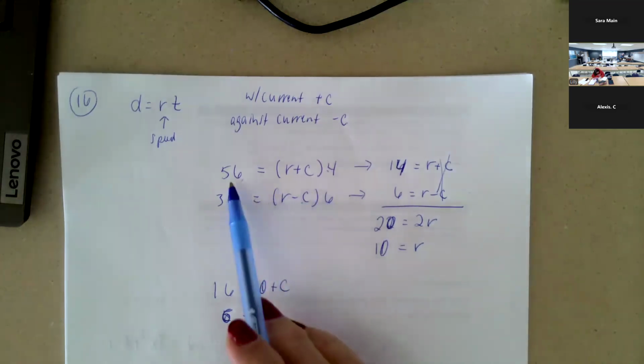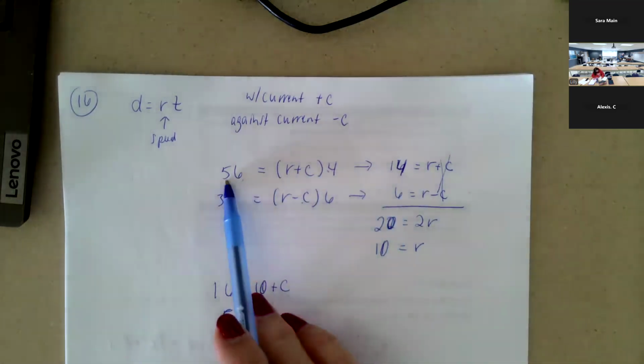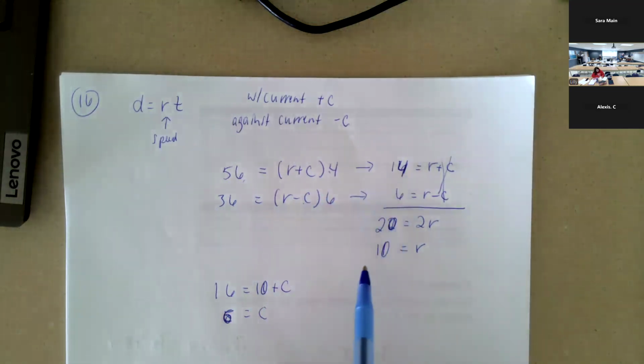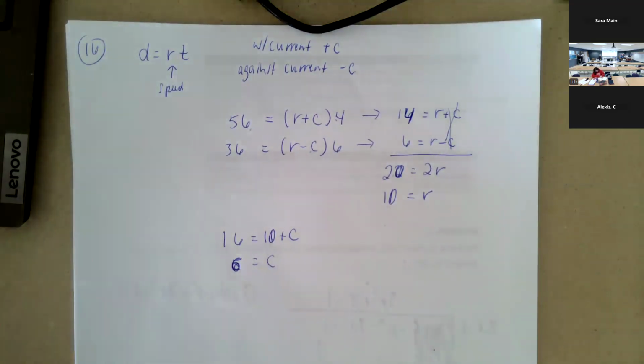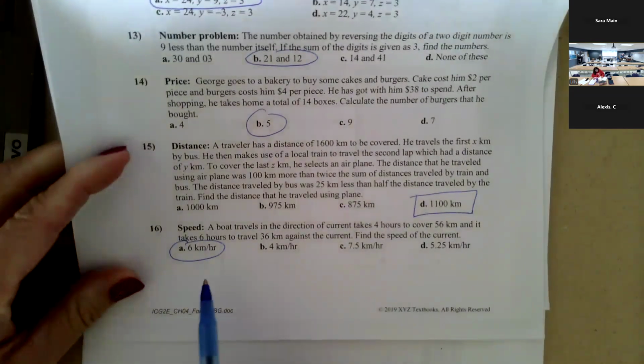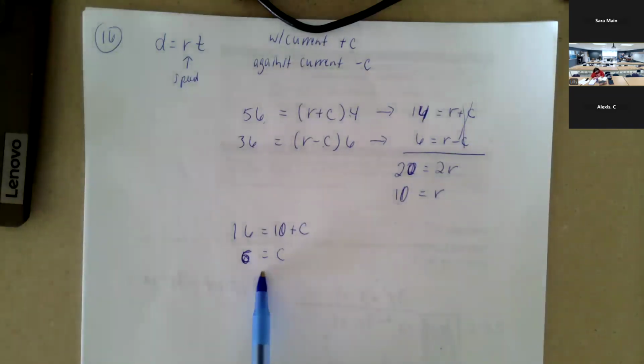My mistake. When I divided this in my head, 56 divided by 4 should be 14. And then this will add to 20. Rate should be 10 kilometers per hour. So then current must be 6. So that would make A the correct answer. A is the correct answer.